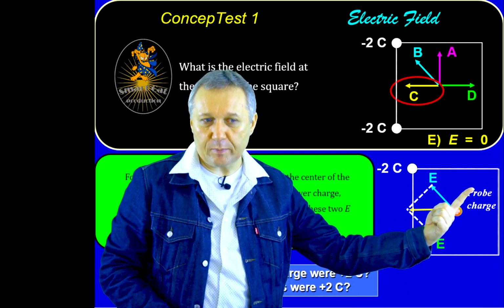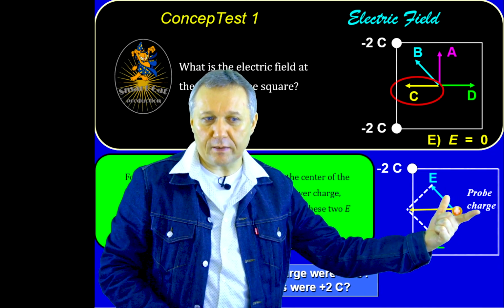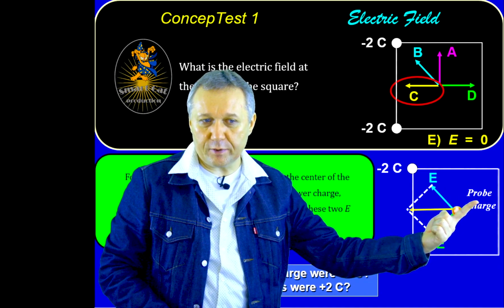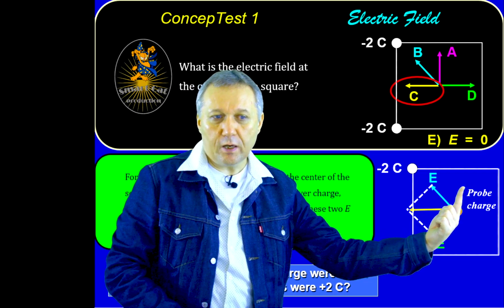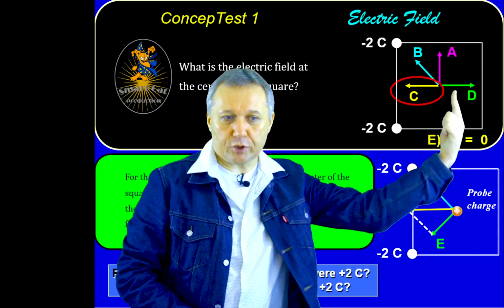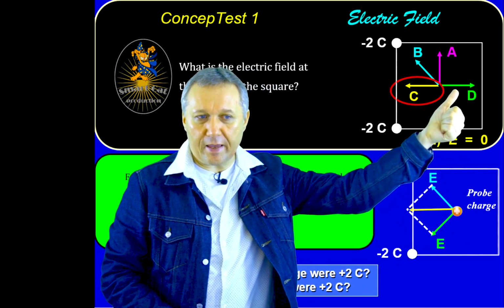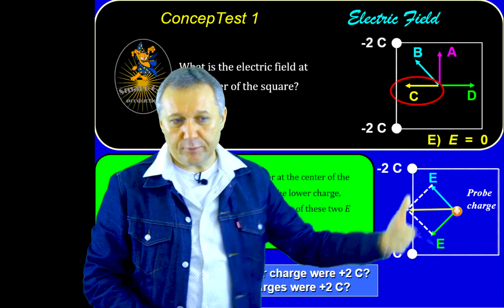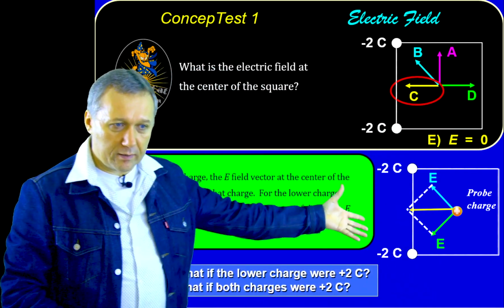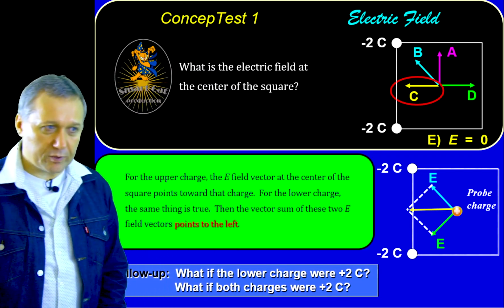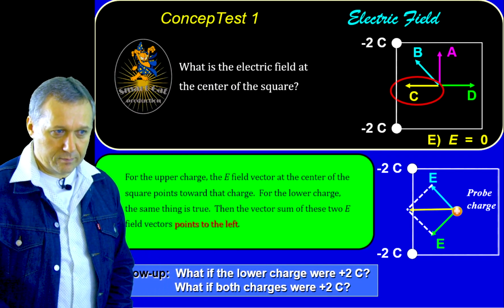And of course, exactly the same in strength. So now if you add this blue field with this green field, the net field in this case will be straight up. So answer A will be the correct answer if you change that -2 coulomb at the bottom with positive charge. Right?